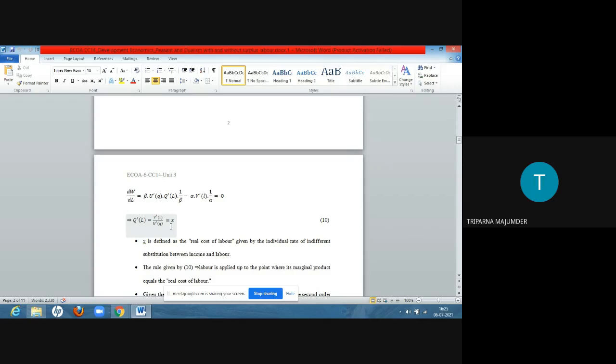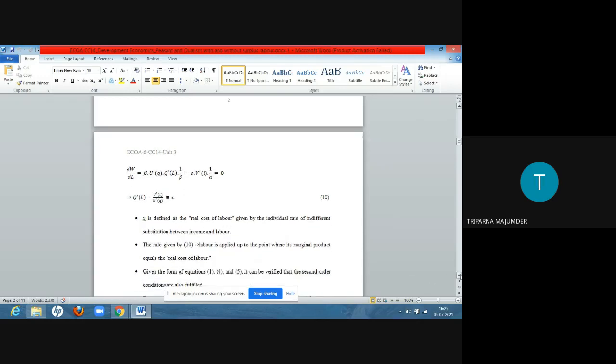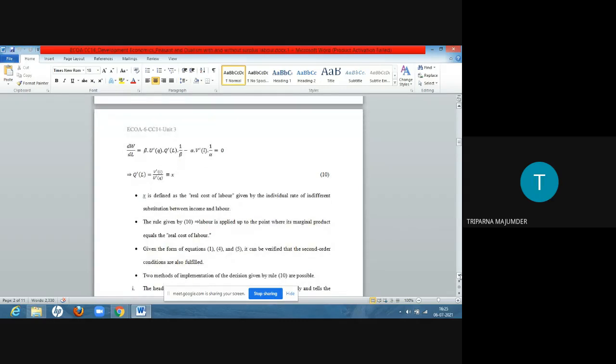Now, what is x? x is defined as the real cost of labor. What do we mean by that? It is given by the individual rate of indifferent substitution between income and labor. So the rule given by 10 implies that labor will be applied to the point where its marginal product, that is Q'(L), is equal to the real cost of labor.